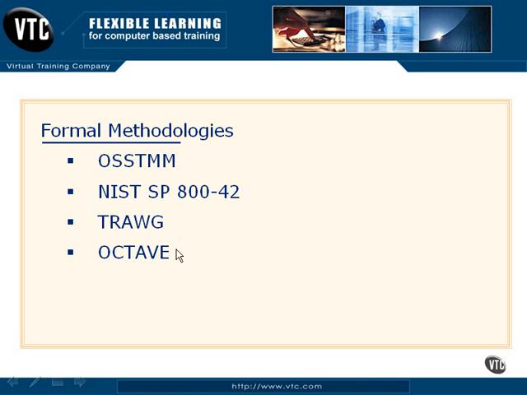Octave is also a commonly used methodology and stands for Operationally Critical Threat, Asset, and Vulnerability Evaluation. The idea behind Octave is that it provides criteria to define a standard approach for a risk-driven, asset, and practice-based information security evaluation.